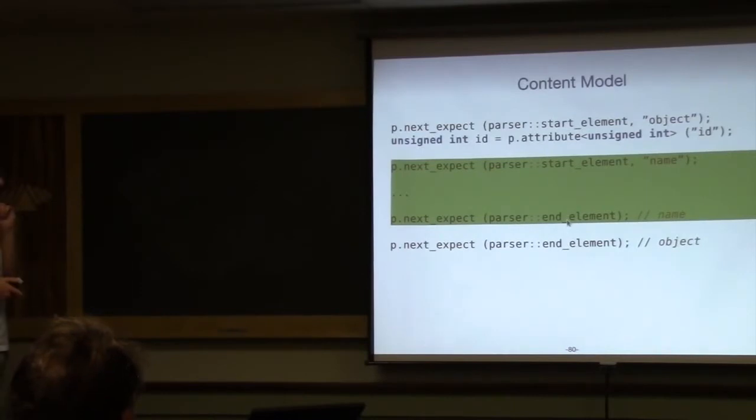Let's now try to parse the name element. Here's the part of the document that we are parsing. What do you think? Is this going to work? Is everything fine with this code? Can anyone see any problems?